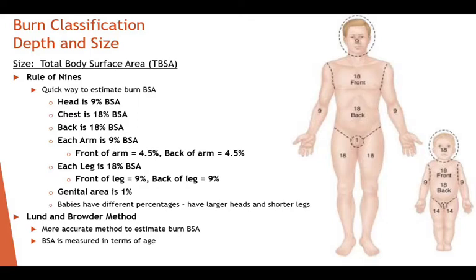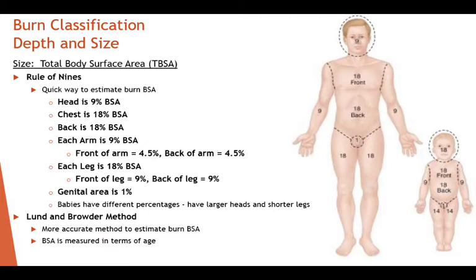When we're talking about the arms and the legs, usually with heat and thermal injuries, you're just getting splashed to the front, so we will tell you whether the front of the arm is affected, the back of the arm, or the circumferential entire arm. Same with the leg. We will tell you front of the leg, back of the leg, or circumferential, all of it. So I will show you how to use the rule of nines for math in a little bit.